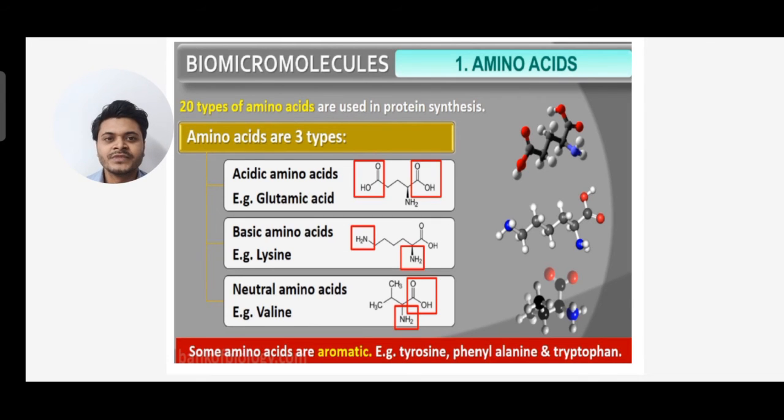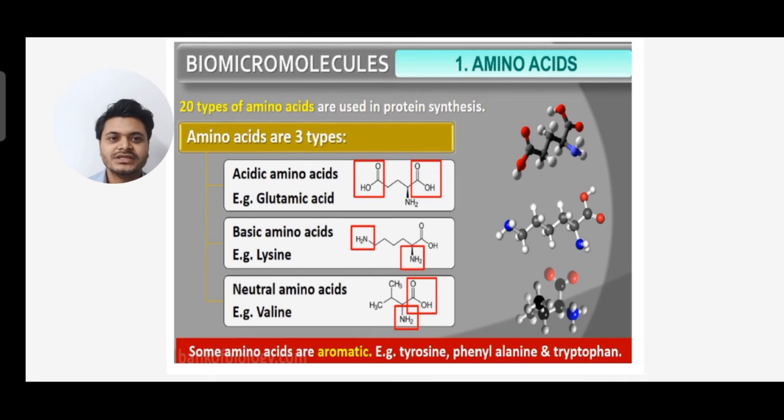All right. So in the previous structures of amino acid, I have said that the carbon has four radiating arms, one will be carboxyl, another will be amino group. So an amino acid having two carboxylic groups and one amino group is acidic. An amino acid having two amino groups and one carboxylic is basic.